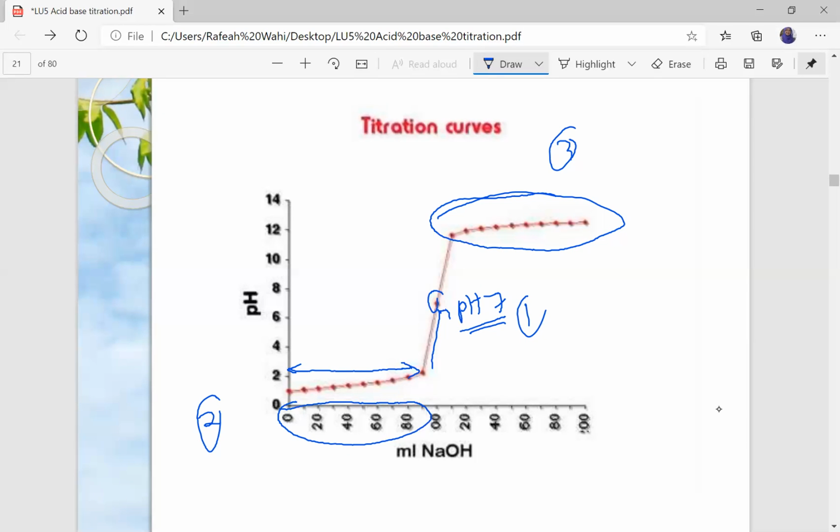So you know the list of strong acids and strong bases. If the question lists a strong base and strong acid, just use this approach for calculation.